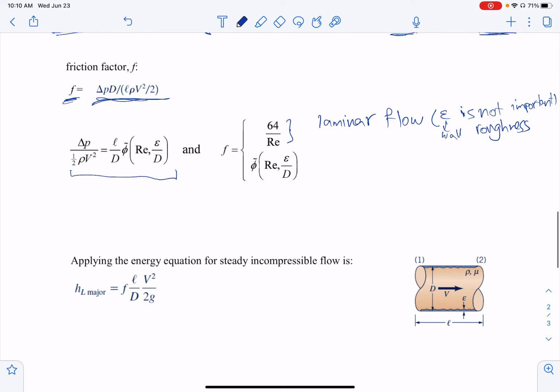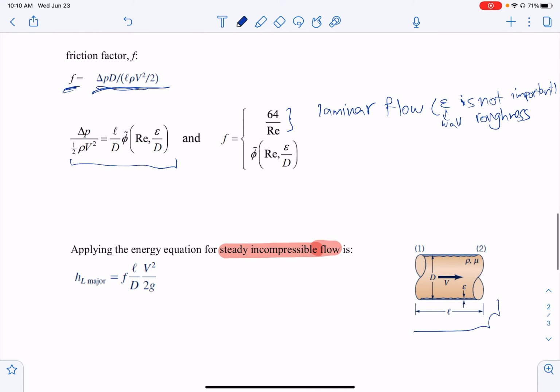And now if we apply the energy equation for a steady and incompressible flow in this pipe right here, if we write down the energy balance and simplify it, then we get this for the major loss.